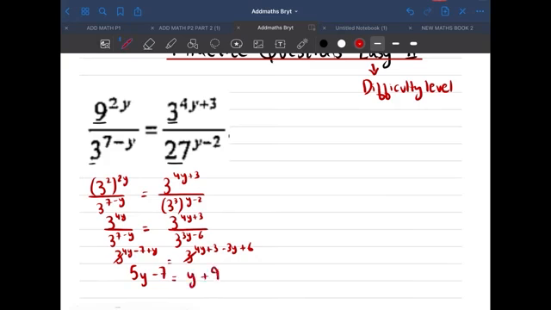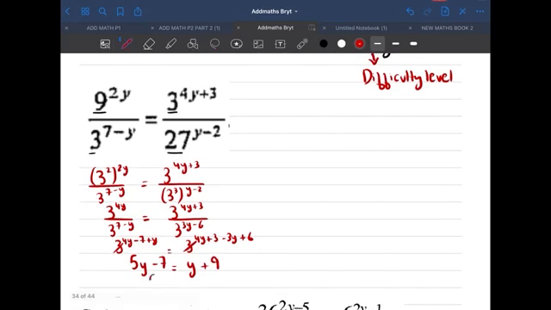Y plus 9. So 5y minus y is equal to 9 plus 7. That makes 4y is equal to 16. And what's y? 4. Got this?